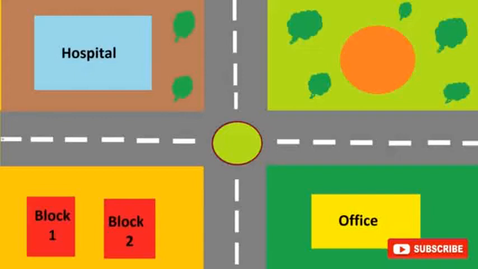Okay, in the picture we can see different shapes, that is office, garden, temple, mall, etc. Right? So first we need to create this picture. So how will we create this picture? We will create this picture using the program called Paint. So let's start.